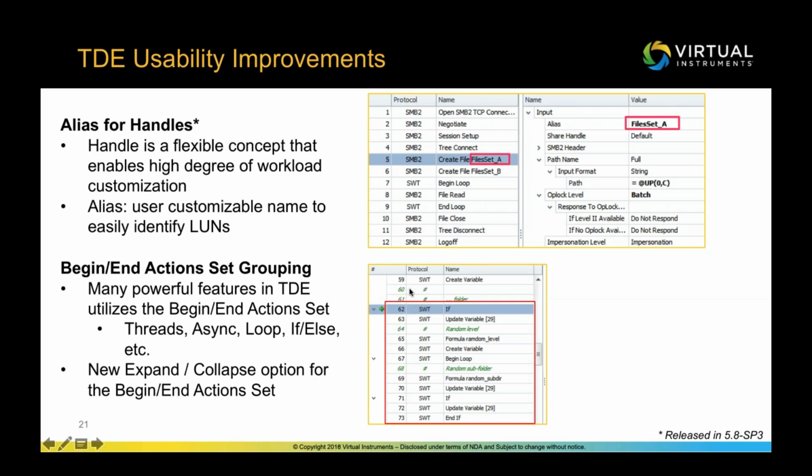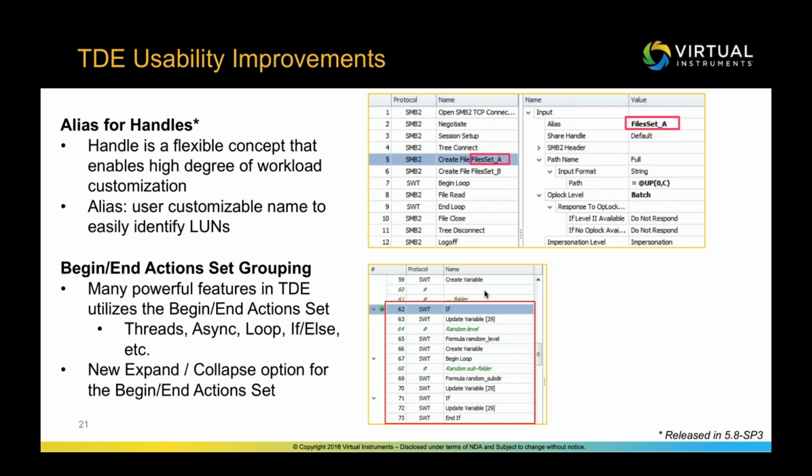Now, in a complicated scenario, your scenario can be very long, and a lot of things happen inside that bracket, between the begin and the end. You don't always need to see it, right? In some cases, you might even want to collapse them if everything's going well. You don't want to deal with it.